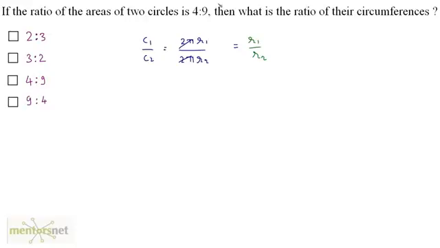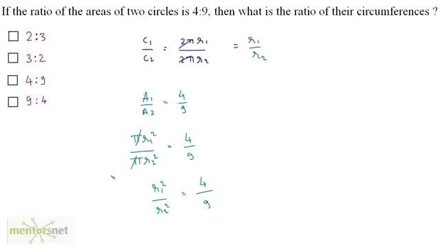Well, to find that out, we have been given the ratio of the areas. So A1 by A2 is given as 4 by 9. Well, what is A1 by A2? It is pi r1 square divided by pi r2 square, and that's 4 by 9. Pi and pi get cancelled out. You have r1 square by r2 square equal to 4 by 9.